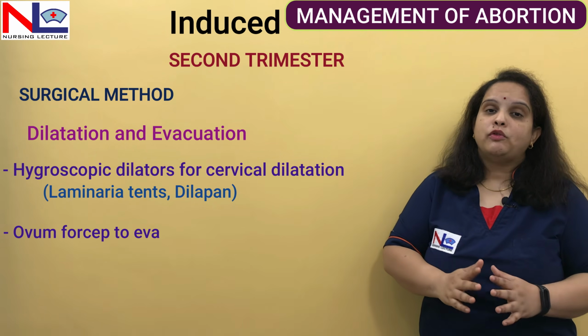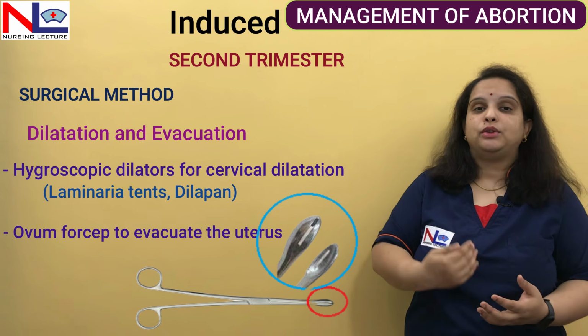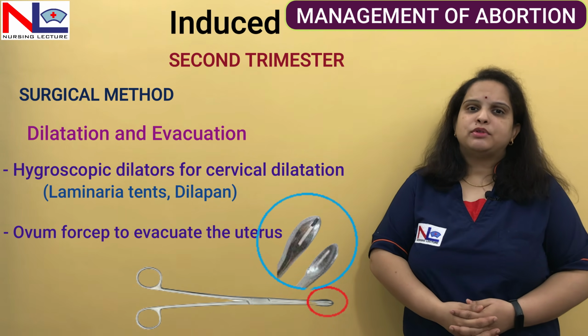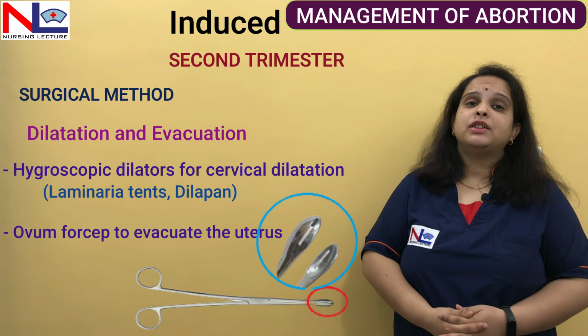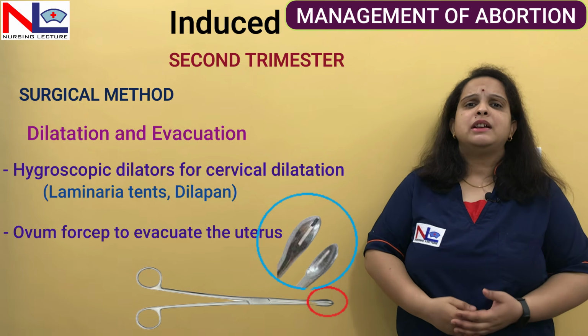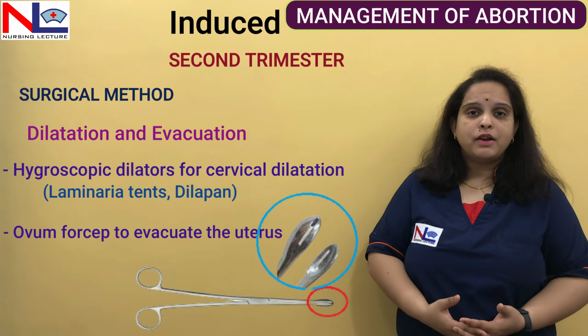So by the use of ovum forceps, we can evacuate the uterine cavity. This is the dilatation and evacuation process, and for dilatation we can use either the hygroscopic dilator or a cervical priming agent, the medication that helps in dilatation of the cervix.